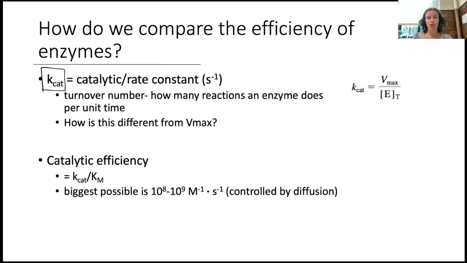Because, as shown here on the right-hand side, Kcat divides the Vmax by the enzyme concentration, okay? So why is this important?